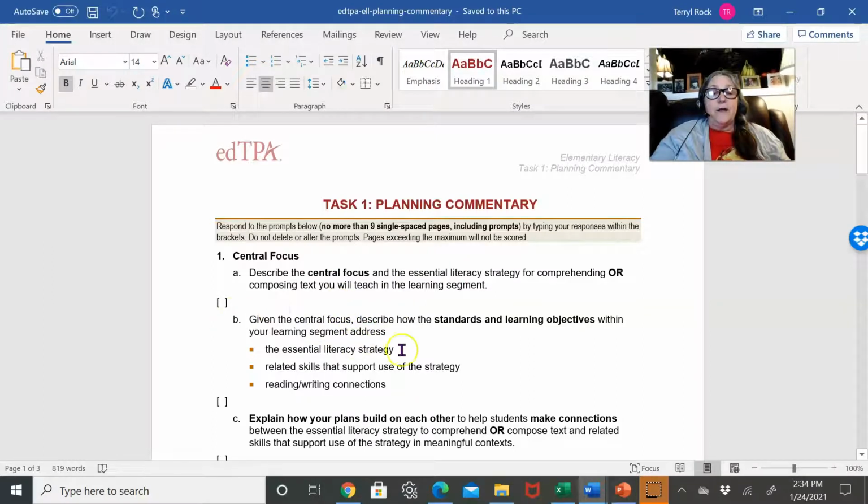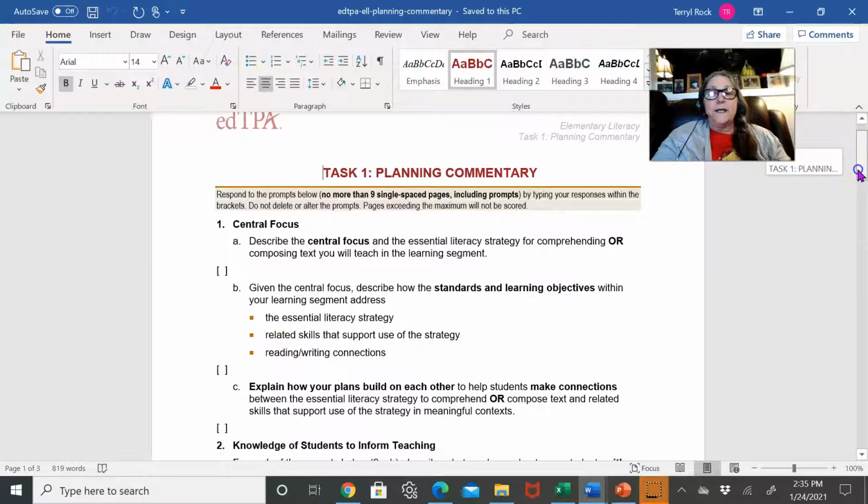Here in 1B, you start talking about your related skills. You don't really have to talk about your related skills up here in 1A, but in 1B, you define specifically that essential literacy strategy, the related skills that support that strategy, and then the reading and writing connections.